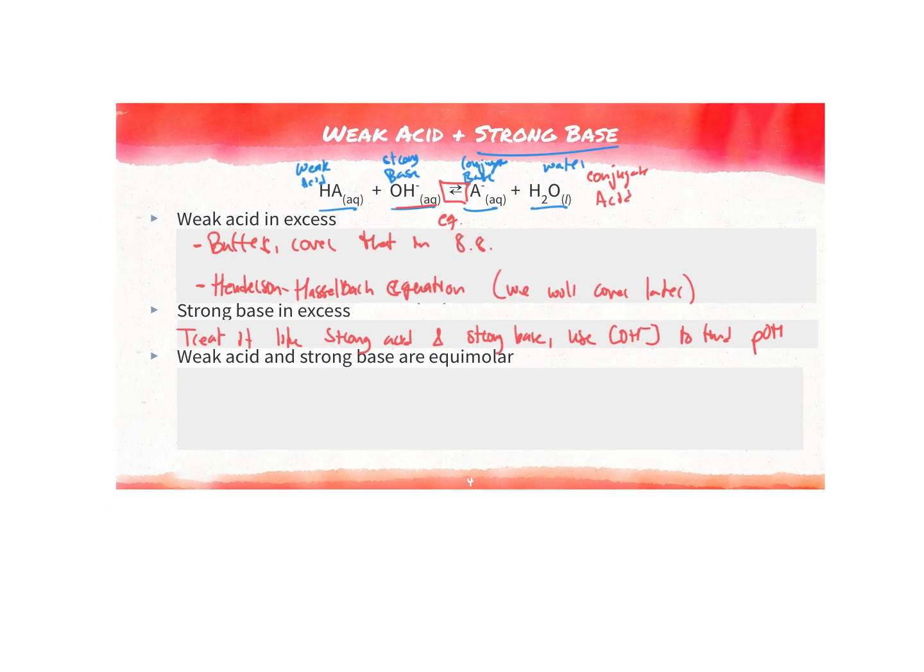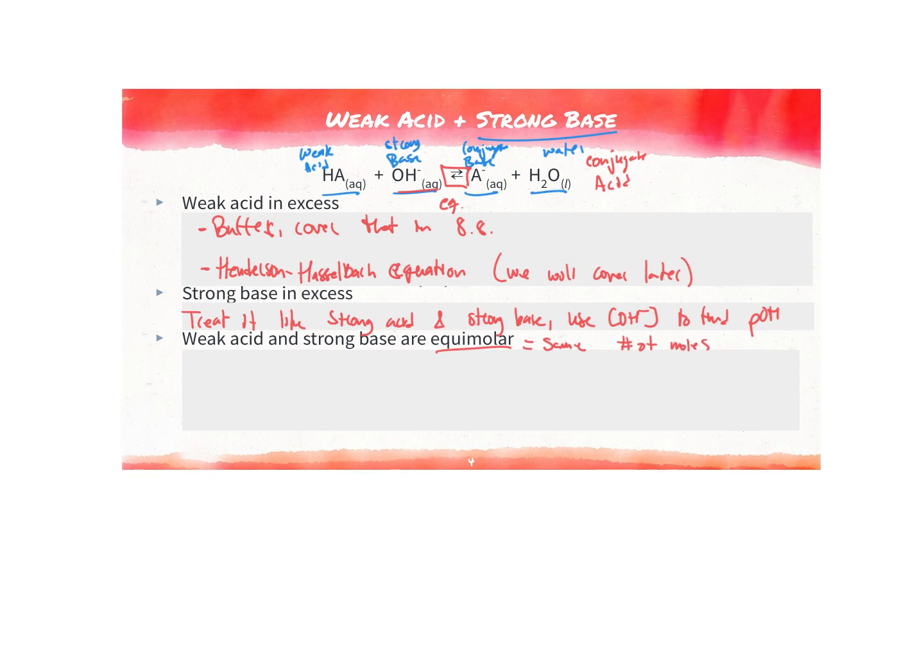If you have a weak acid and strong base and they're equimolar, as in the same number of moles, in this case, what we're going to do is use an ICE table.